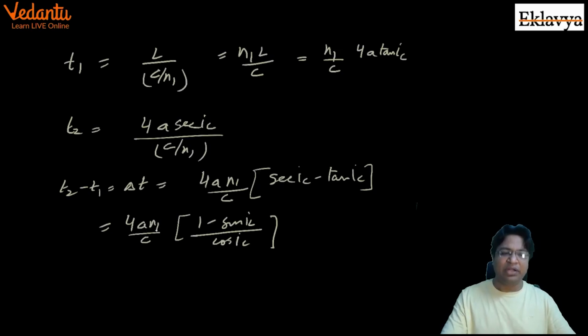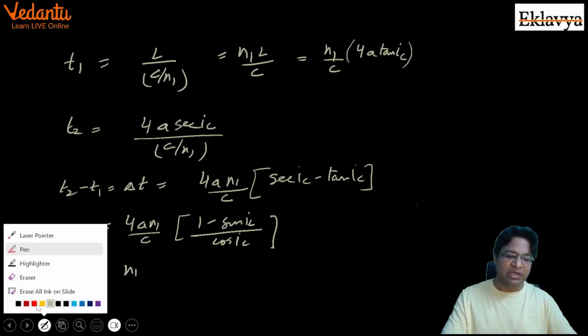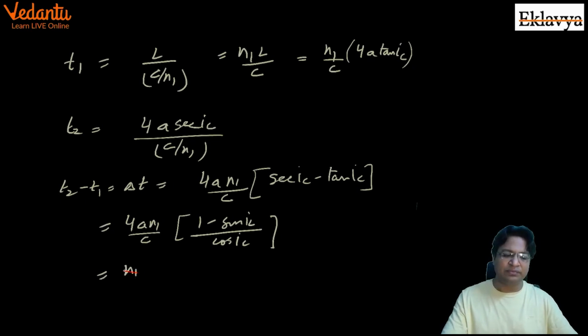To get rid of a, I am going to use the fact that 4a tan ic is equal to L. So 4a can be written as L by tan ic.